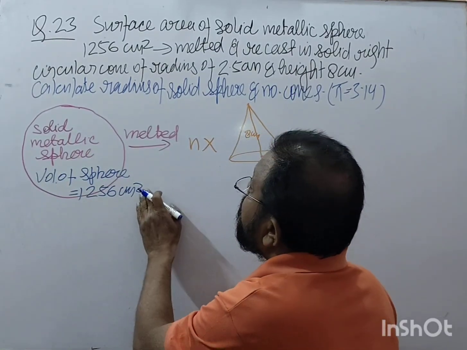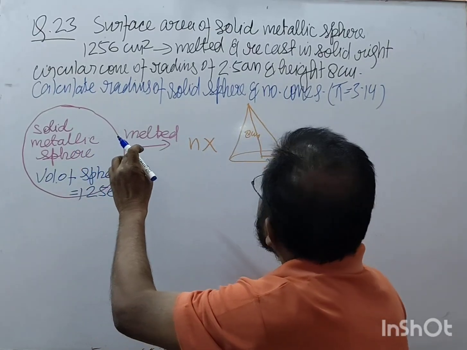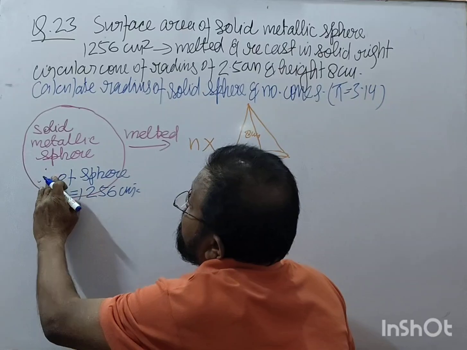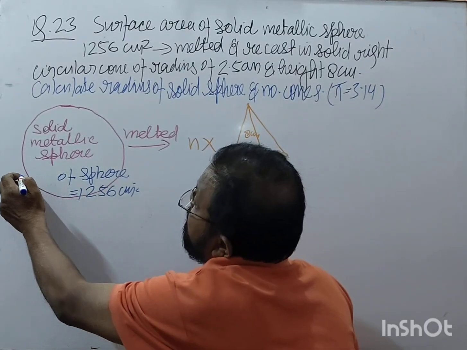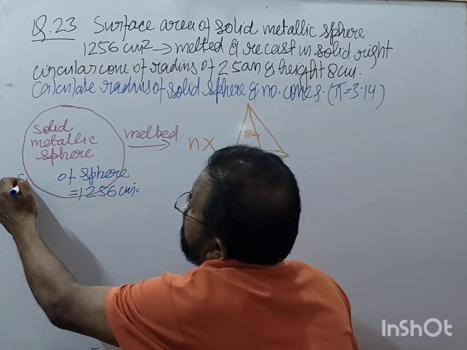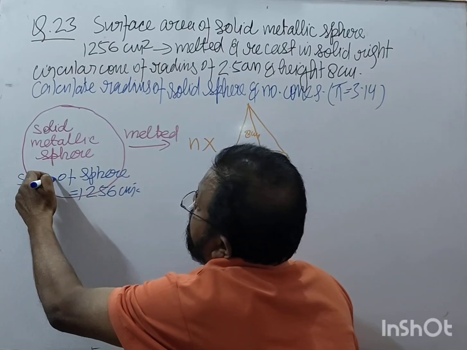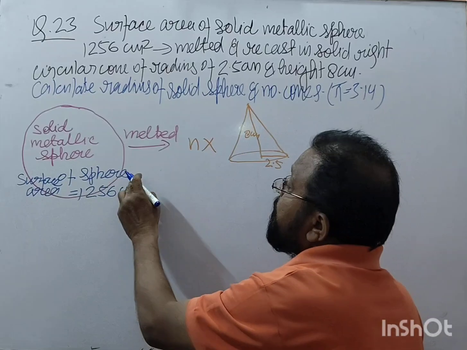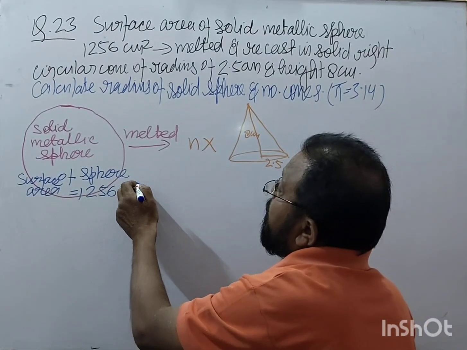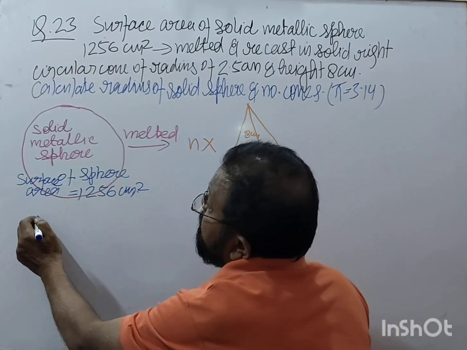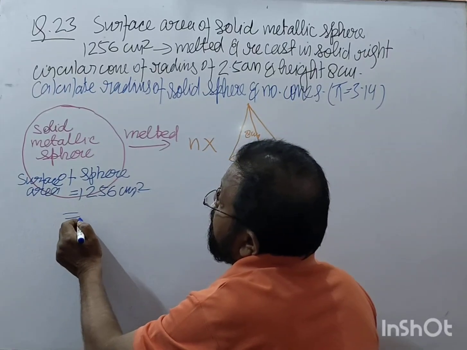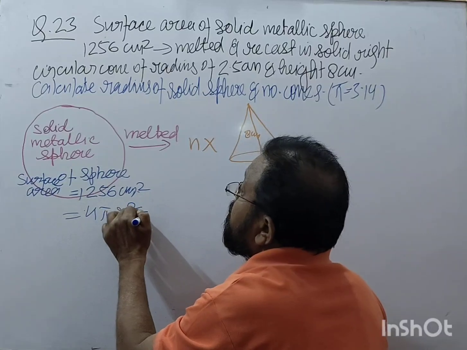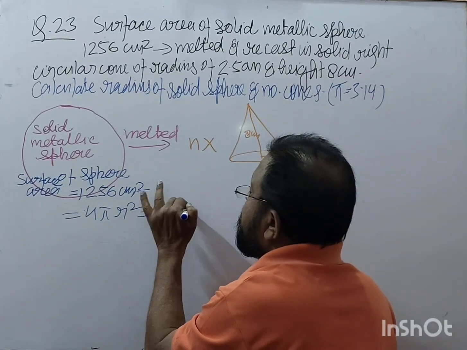So surface area is equal to 4 pi r square is equal to 1256.